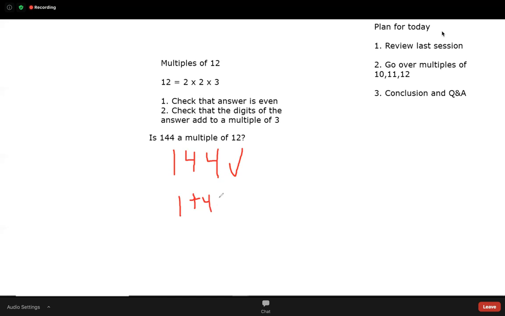So 1 plus 4 plus 4. 4 plus 4 will be 8, and 8 plus 1 will be 9. So this will add up to 9. And as we know from the last one we just did, 9 is a multiple of 3. So this means that 144 will also add to a multiple of 3. So the answer here would be yes.